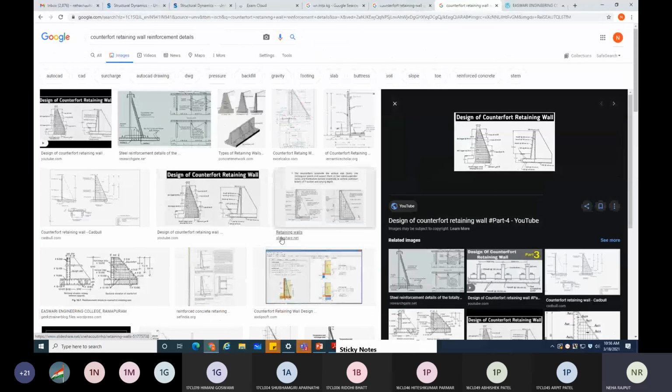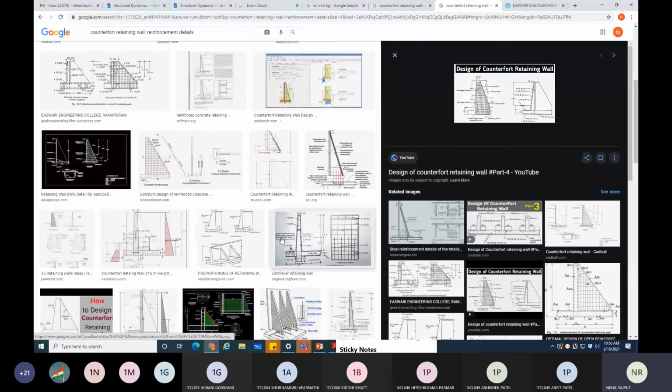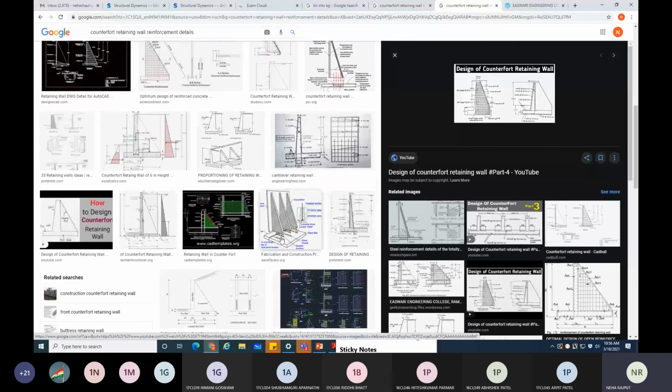Right. So this way you need to draw the detailing part of counterfort retaining wall.